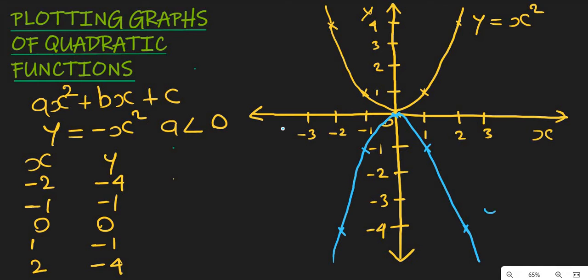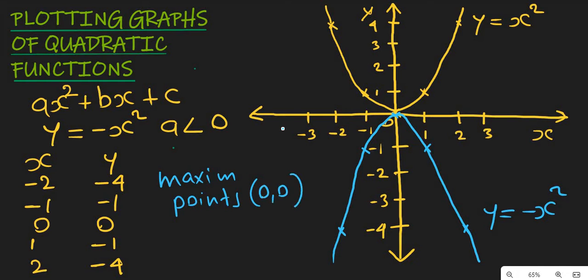Now, this is y equals minus x squared. This function has a maximum point, and the coordinates of the maximum point are 0, 0. When x is 0, y is 0. It is the origin. And it is symmetrical about the y-axis.